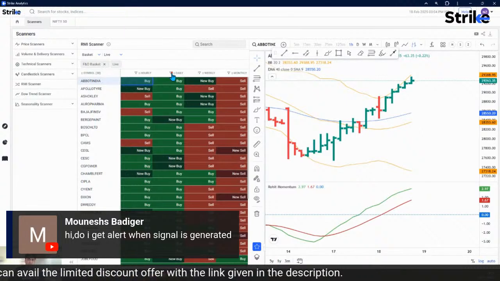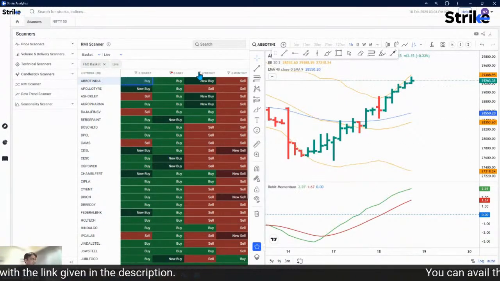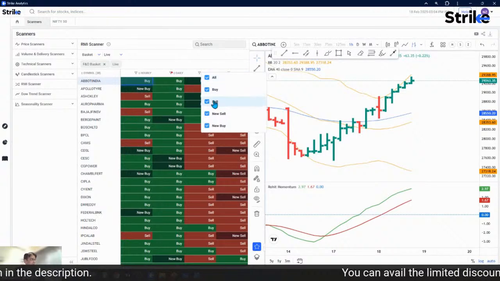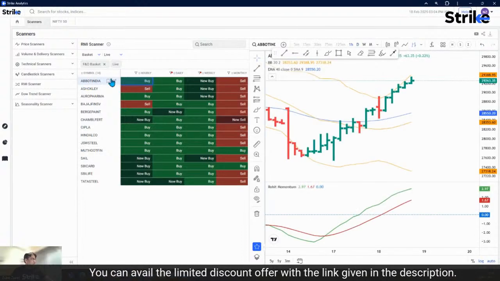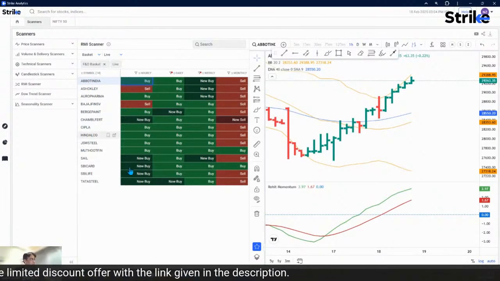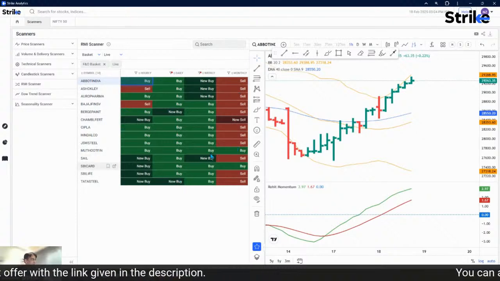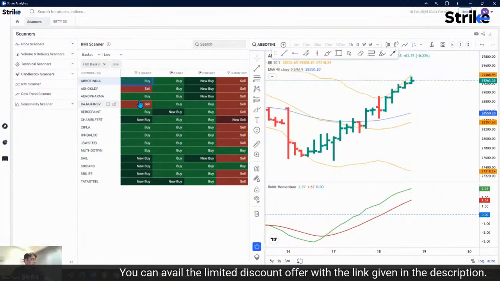So I've put down a filter. And on the weekly chart as well, I want all the stocks which are in buy and new buy mode. Out of all around 200, 250 stocks in the F&O basket, we got a list of 14 stocks where all these stocks, on the hourly, daily and weekly, are in a buy mode except the two, Ashok Leyland and Bajaj.